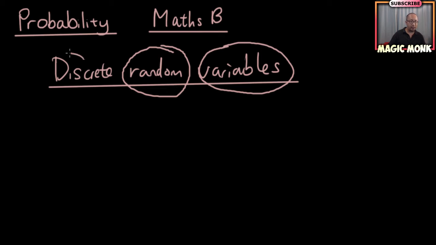Now, discrete basically means that you need to be able to count the numbers. For example, the number of times you get a tail when you toss a coin, or the number of times that you roll a 6 when you're playing some sort of dice game.